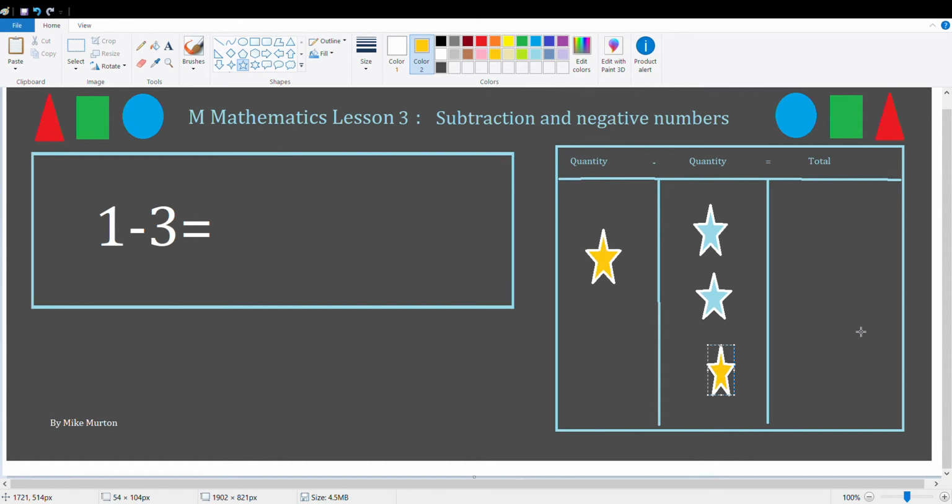And I'm going to leave the total column blank. Why am I doing this? Because these 2 blue stars are different. They're different because they're kind of in limbo.